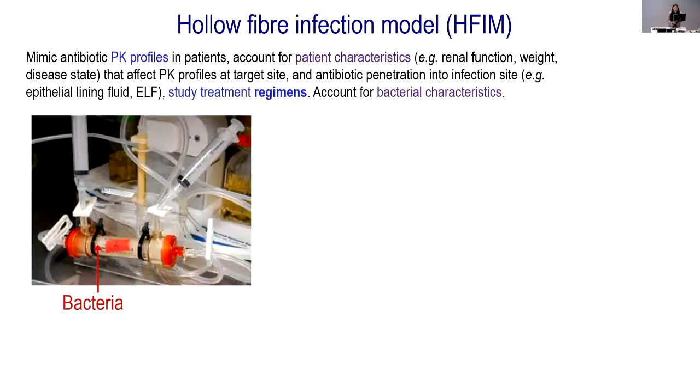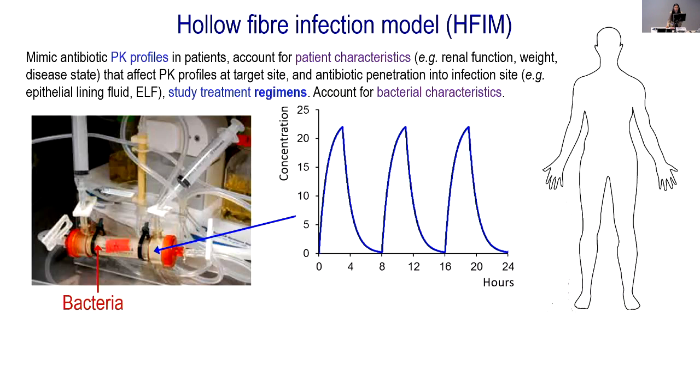In terms of in vitro models, one very common and powerful one is the so-called hollow fiber infection model. This allows us to mimic the pharmacokinetic profiles that are seen in patients and expose the bacteria to these PK profiles. We can also account for the patient characteristics that affect the PK at the target site and for bacterial characteristics.